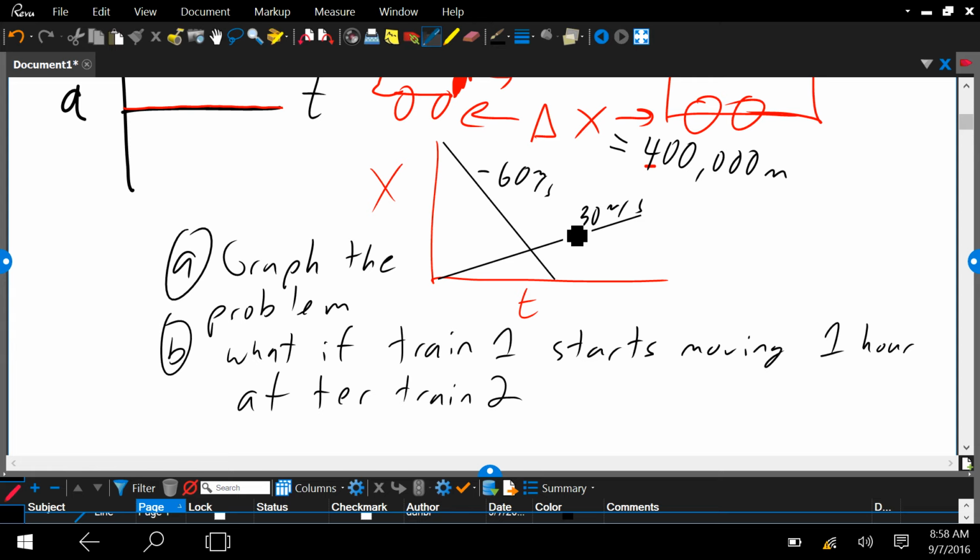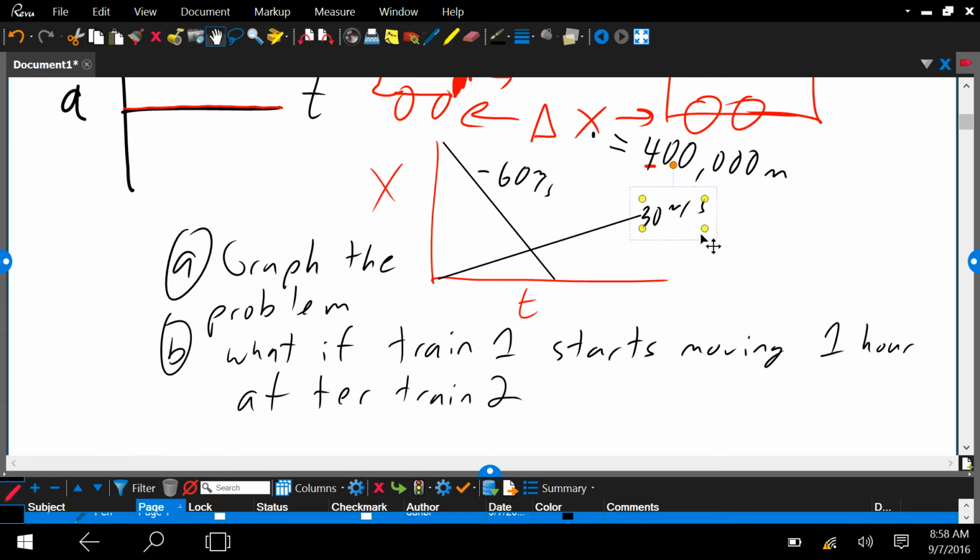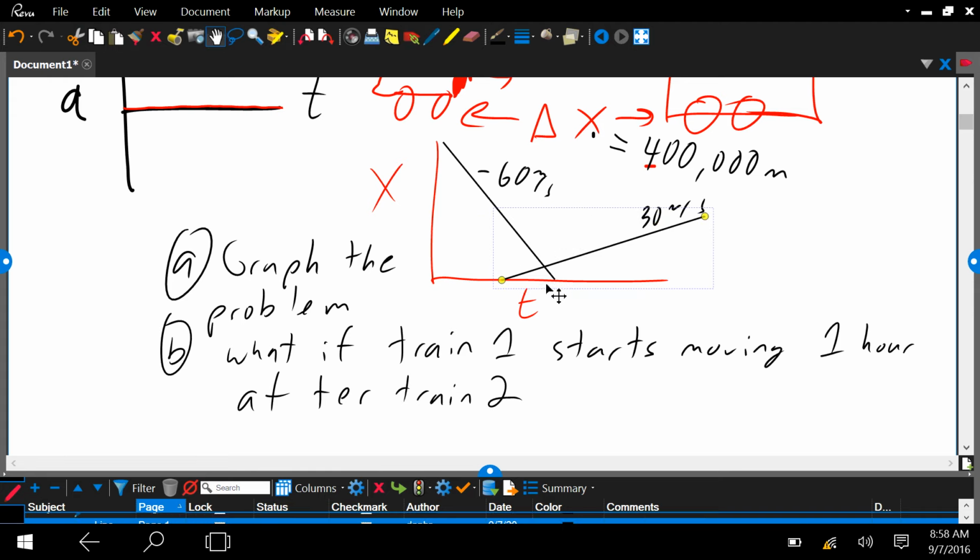Let me ask, how would the graph change if the first train, the 30 meters per second train, left an hour later? Yeah, you would just scooch this line over. You would take this line and drag it over until the intercept on the x-axis was 1 hour.